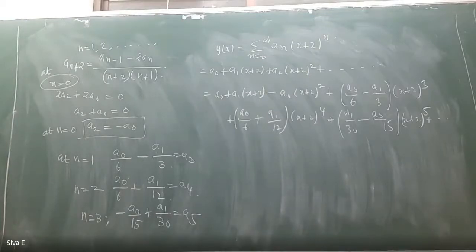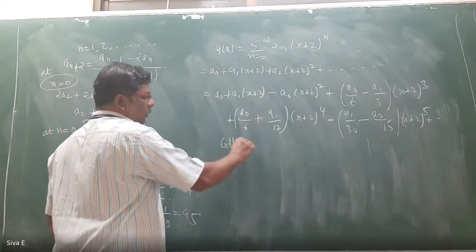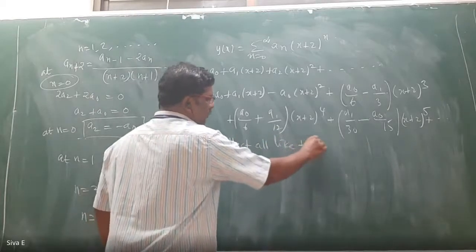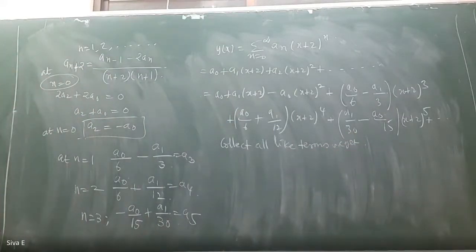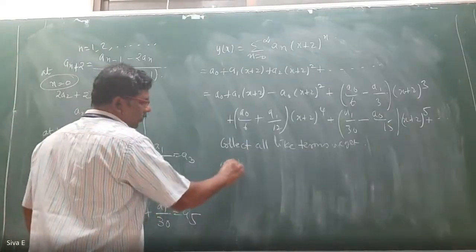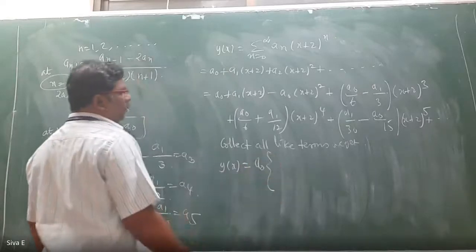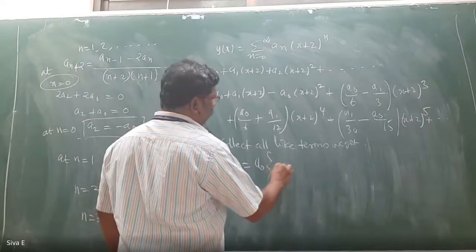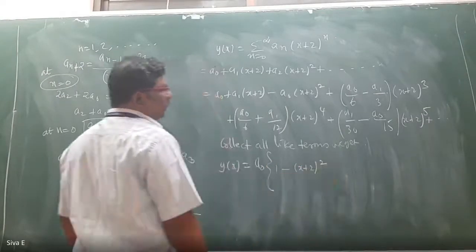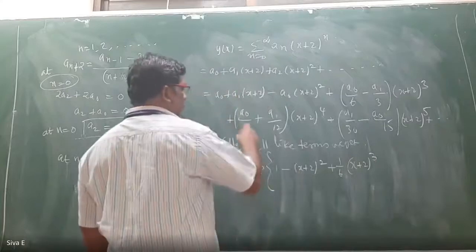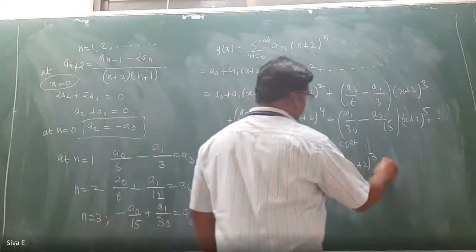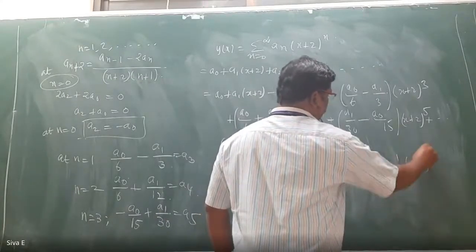So finally collect all the like terms. We get y of x equal to a naught into 1 minus x plus 2 whole square plus 1 by 6 x plus 2 whole cube plus 1 by 6 x plus 2 whole power 4.